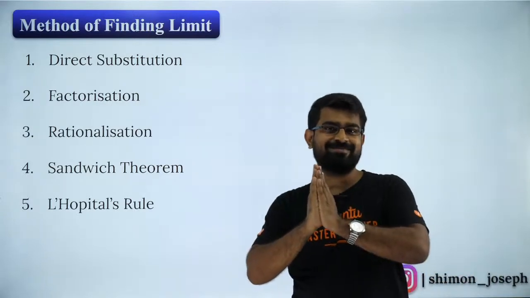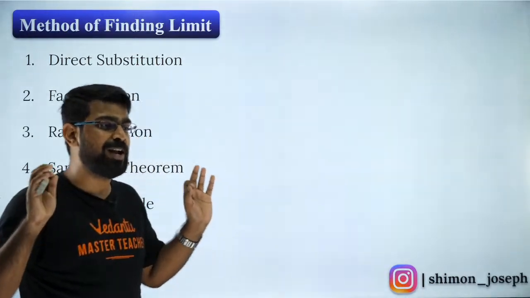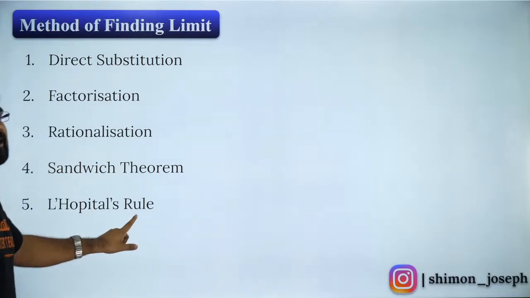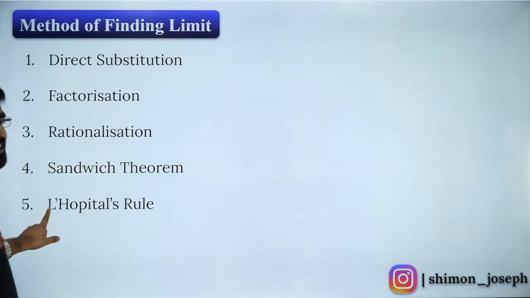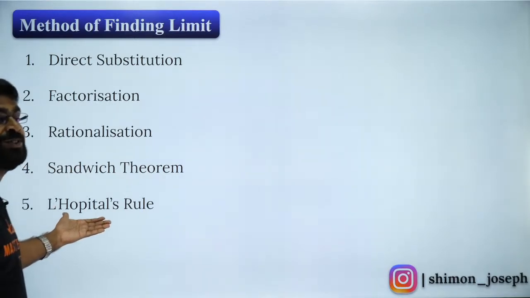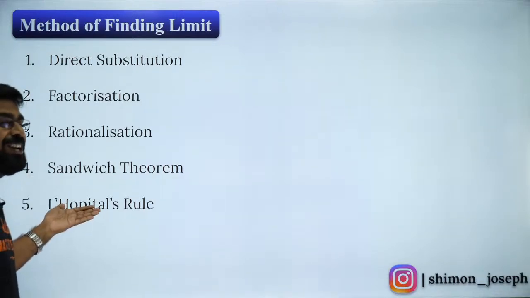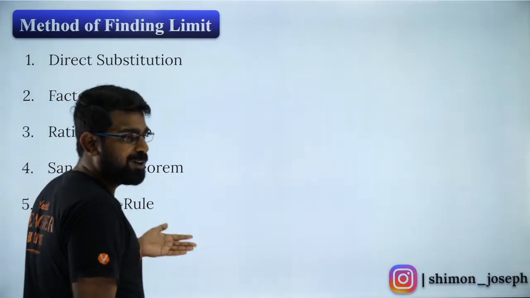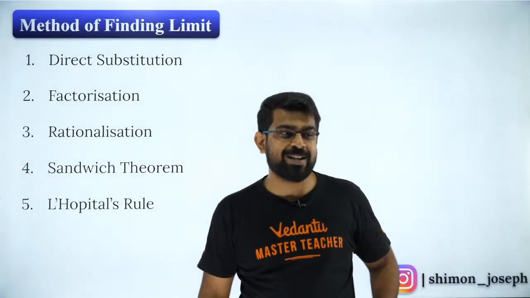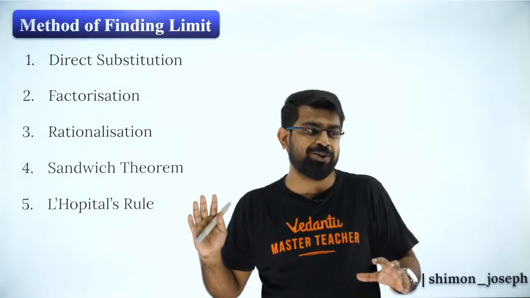L'Hospital is the most important method. Every student wants to thank L'Hospital because it makes your life easy. L'Hospital is like a guru for all students, because with it you can solve questions very fast. Otherwise, it will take a lot of time. I will explain all of it to you.